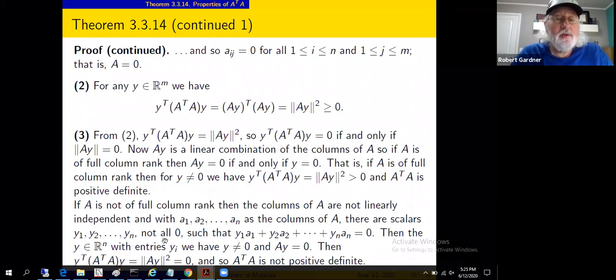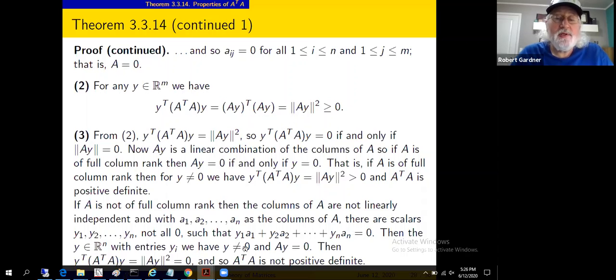So there's a vector Y with these as its components. It's not the 0 vector because not all its components are 0. And A applied to that vector is 0. Same argument as we had upstairs. Now if we apply A transpose A, multiply it on the right by Y and the left by Y transpose, you're going to get the norm squared of AY, as demonstrated up here.